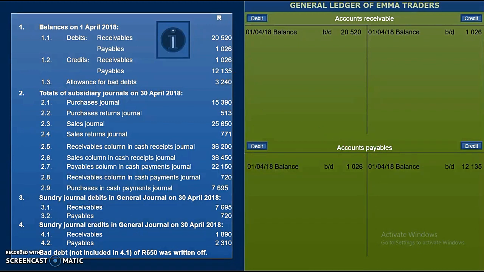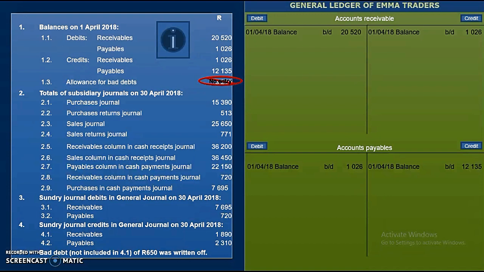There's no entry for allowance for bad debts. That balance should be recorded in the allowance for bad debts account. Since that account is not required, we will simply ignore it and make no entry thereof.